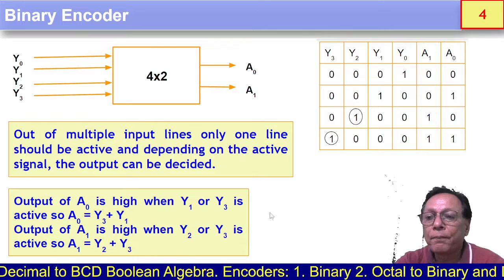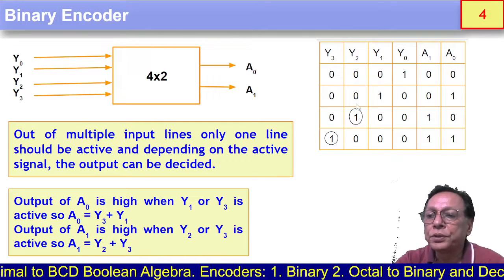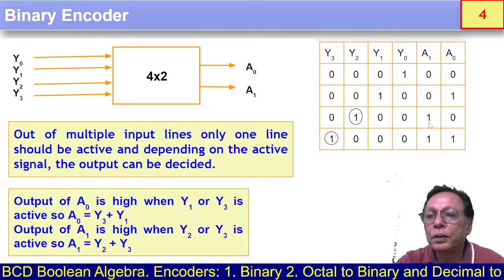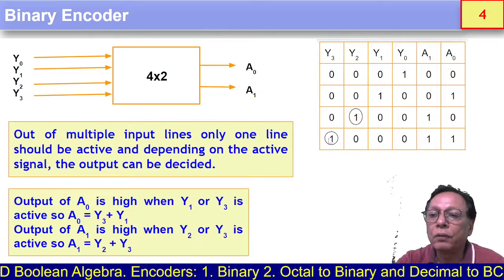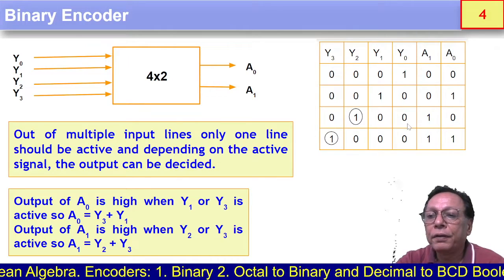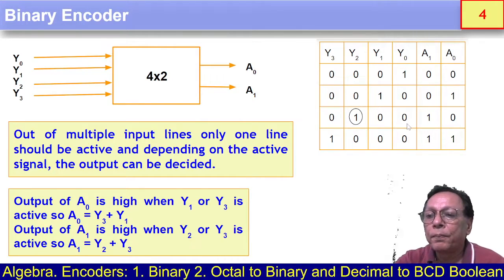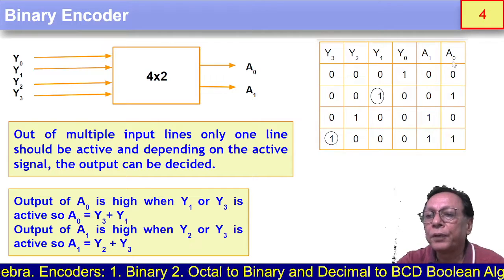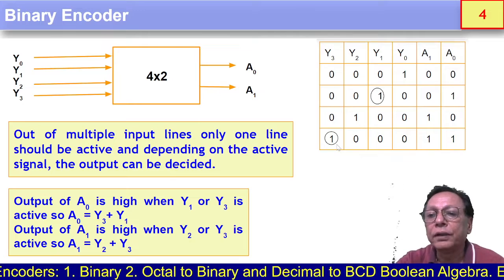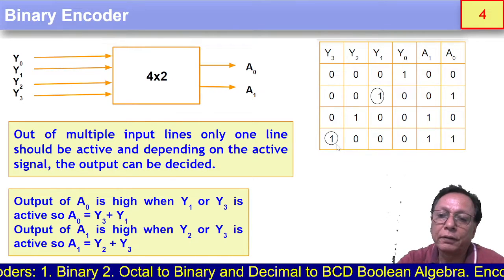So it shows that if A1 is the output, then the Y2 signal or Y3 signal is active, and if the output is A0, then Y1 or Y3 is active.